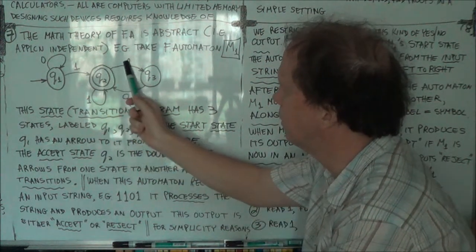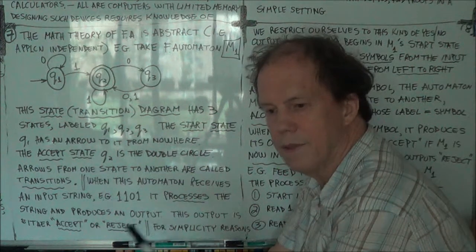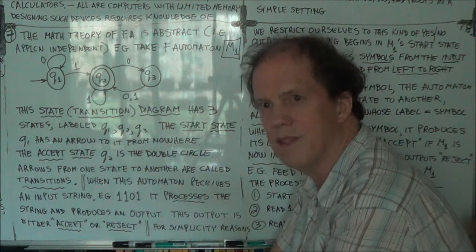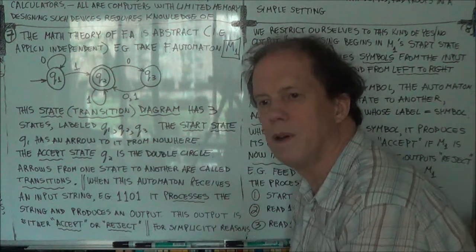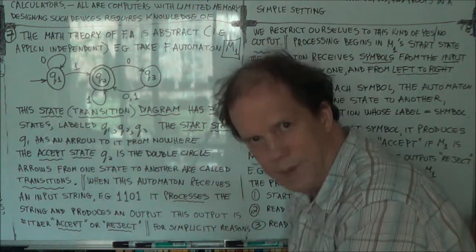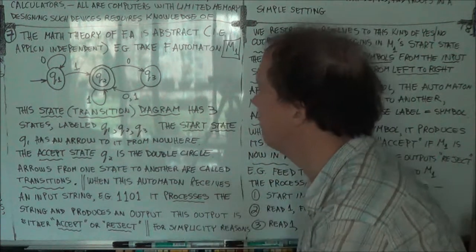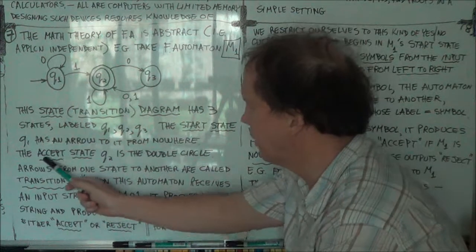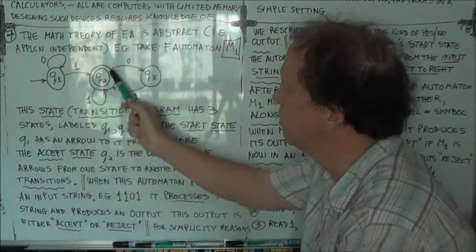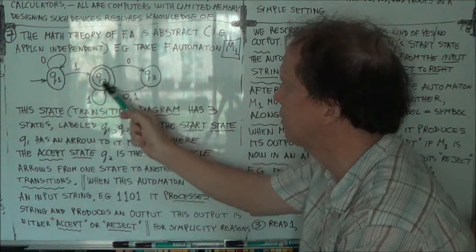And what's the label on a transition? It's an input signal. It's one of the symbols of the set of input signals, if you think about it. Now, we talked about the accept state. That's the one with two circles.